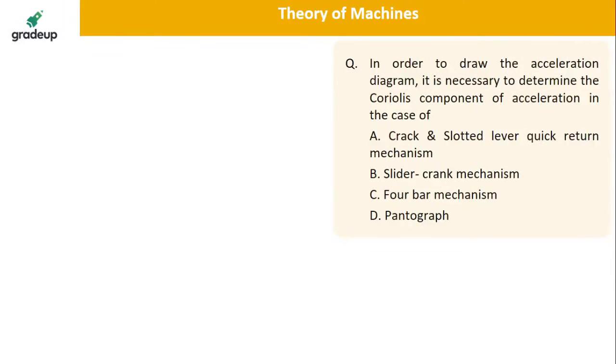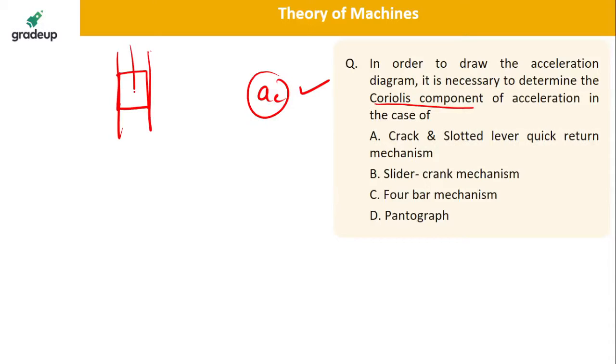In order to draw the acceleration diagram, it is necessary to determine the Coriolis component of the acceleration in which of the cases. We are having 4 different cases. You are telling me in which of the cases Coriolis acceleration exists. What is Coriolis acceleration? That means the slider is sliding as well as rotating.